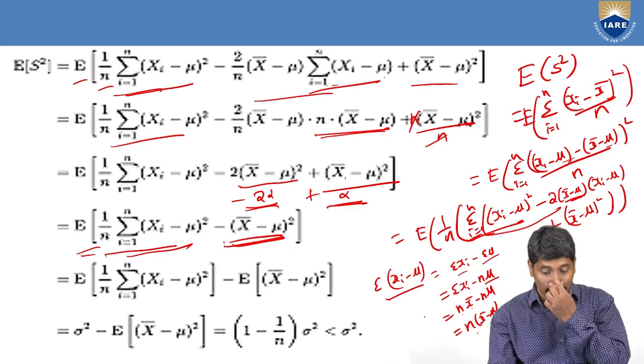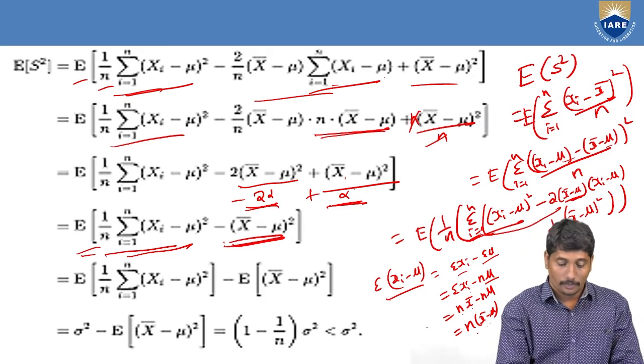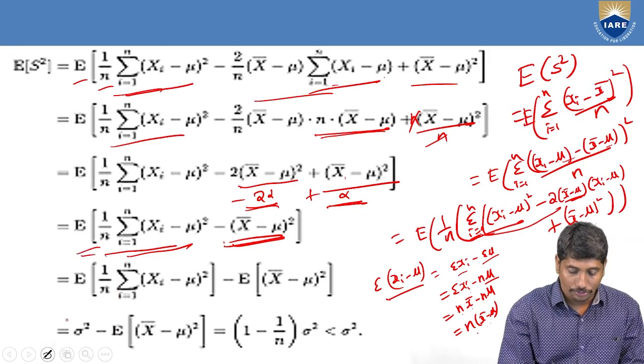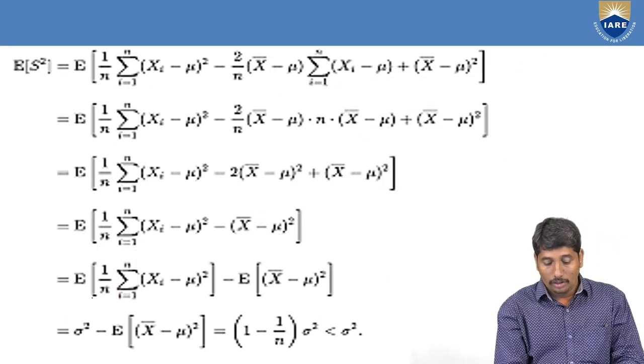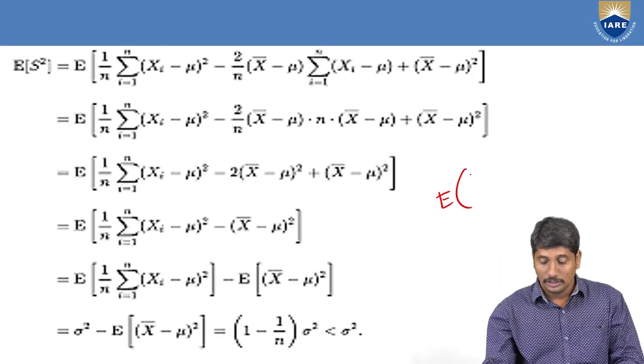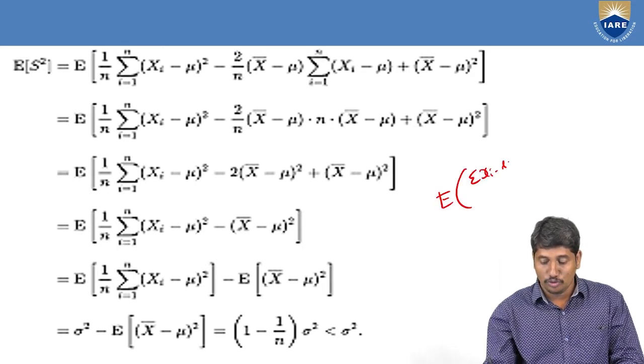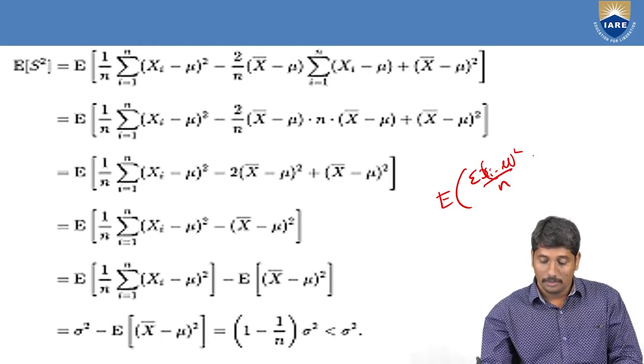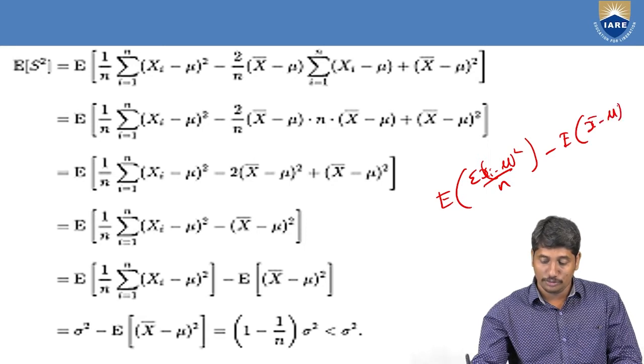Now let us see what happens. Expectation of summation (xi minus mu) whole square by n, minus expectation of (x bar minus mu) whole square.